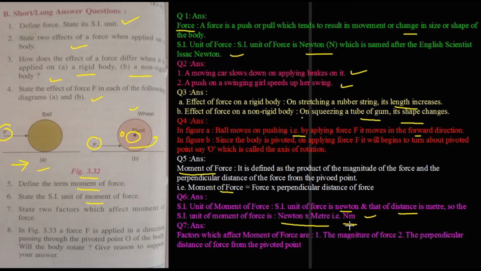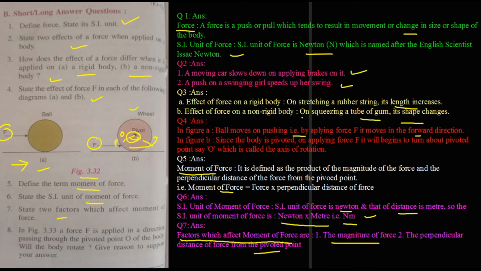Right? So question 7 is: state two factors which affect moment of force. The two factors which affect moment of force are: number 1, the magnitude of force, and number 2, the perpendicular distance of force from the pivoted point, right? For example, in this figure we will see the perpendicular distance here, right?